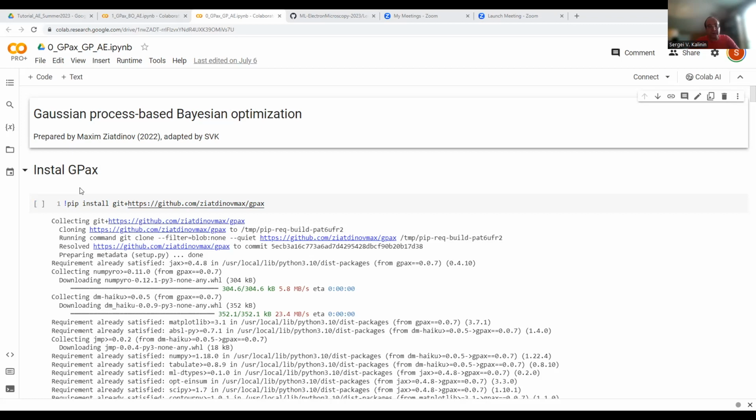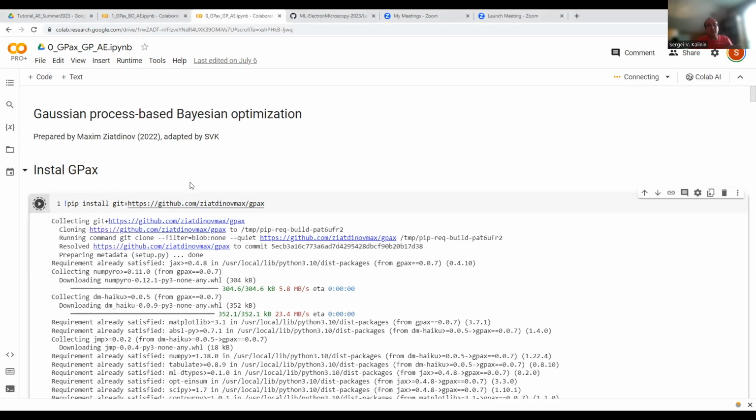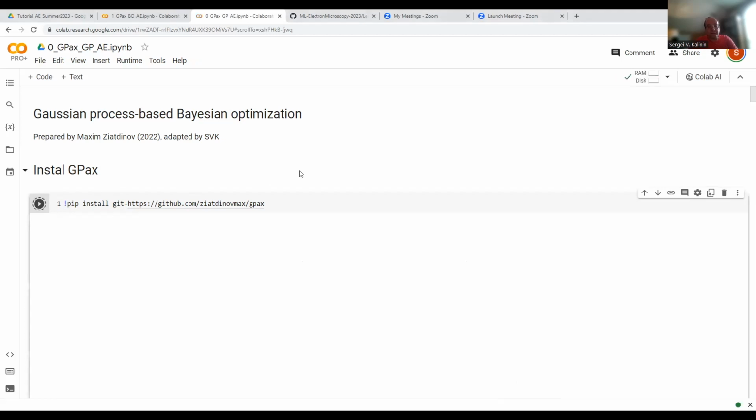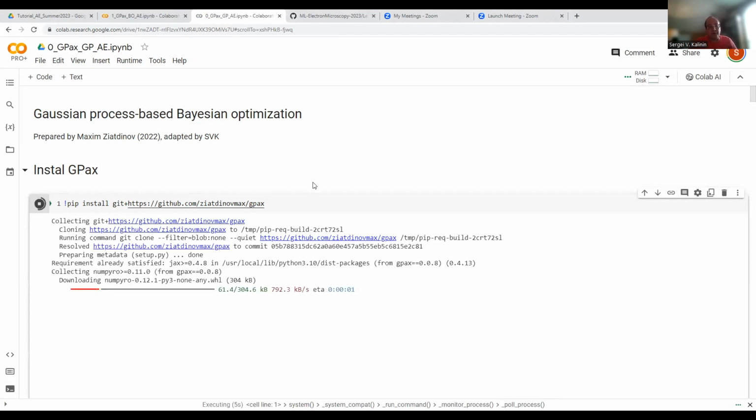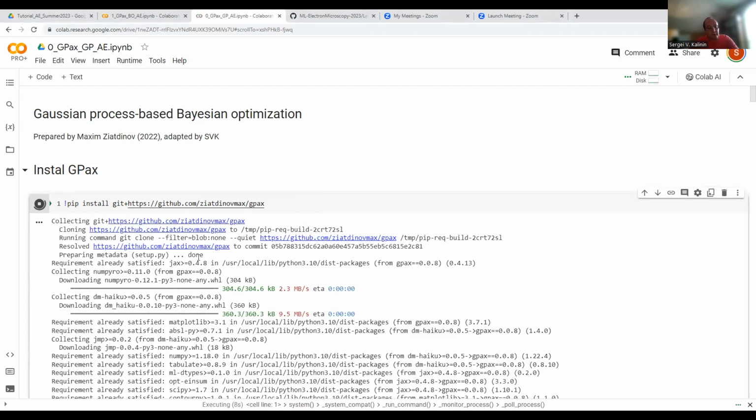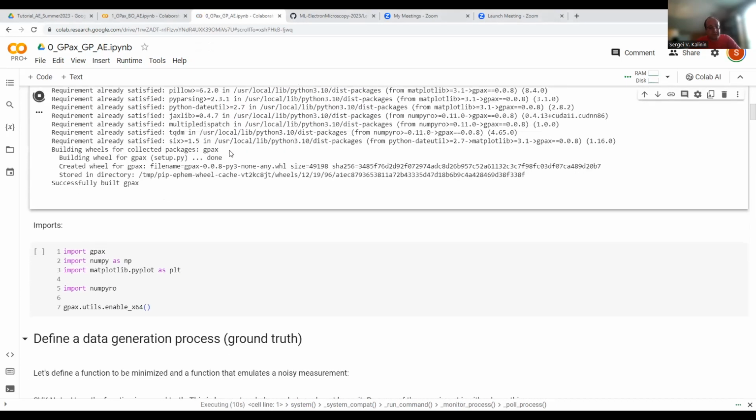Secondly, the important part about GPAX is that it is designed specifically for use in experiments. It is designed to work with relatively small data, run fast, and provide the most useful functions in an easy-to-use form. In other words, we want to make it simple, as opposed to writing long BoTorch or Pyro programs. So let's start with installing GPAX.